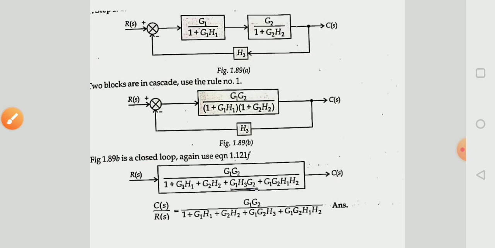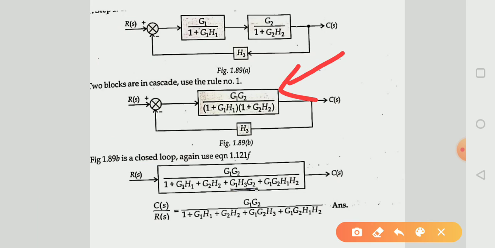After multiplying both gains, the value for this one block is G1 into G2 upon 1 plus G1 into H1 into 1 plus G2 into H2. And here is the feedback loop, and the gain of the feedback loop is H3.